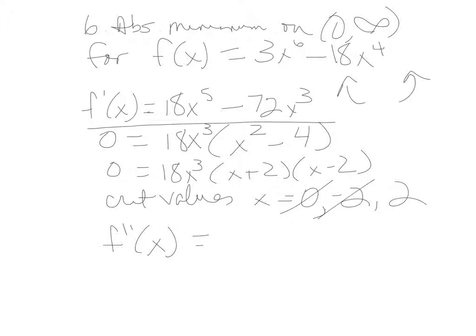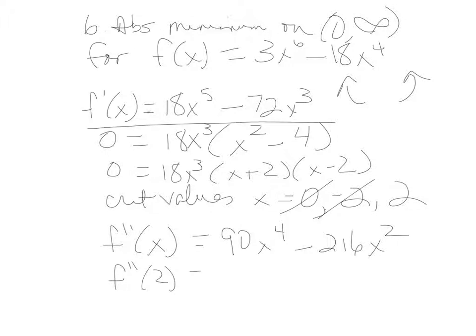Take this first derivative and take the derivative of that. Now 5 times 18 is 90, so we'll have 90x to the 4th minus 72 times 3, good, 216x squared. And now all I need to find out is what happens if I use 2 in the second derivative.